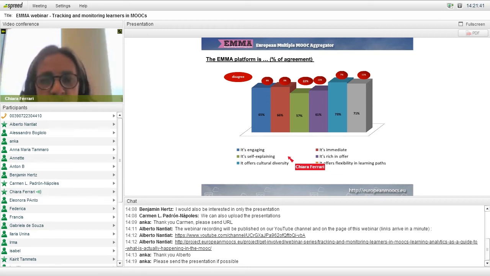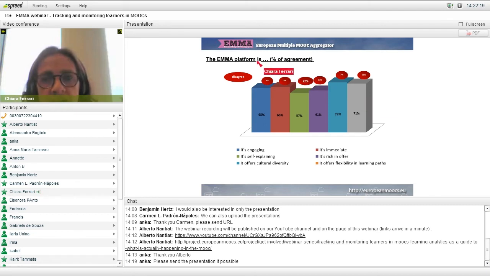So for those of you who had the chance to visit EMMA before probably May of last year, you can easily remember that the look and feel of the platform and the way it was constructed was quite different from what it is now. This is because we took these opinions into consideration and decided to change some of the features.